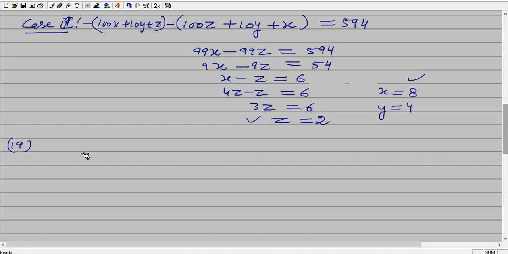Question number 19 I am going to solve. 4 years ago Marina was 3 times as old as her daughter.